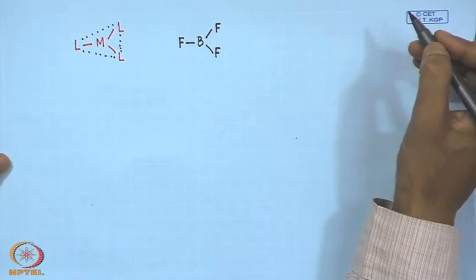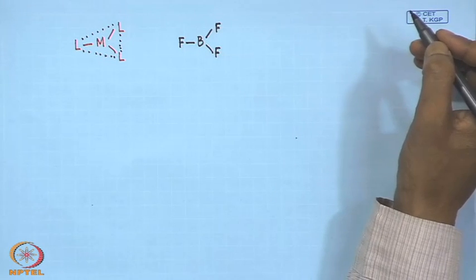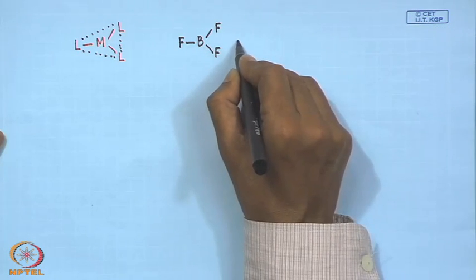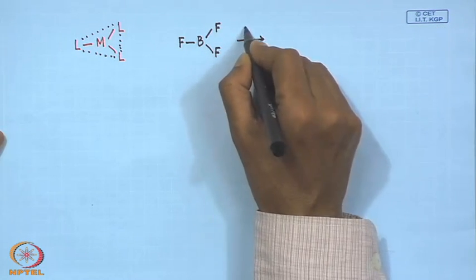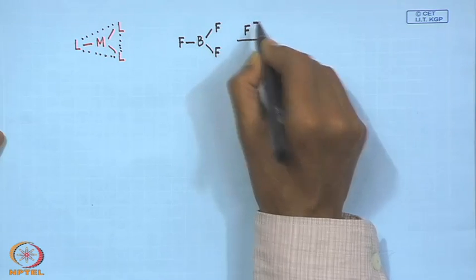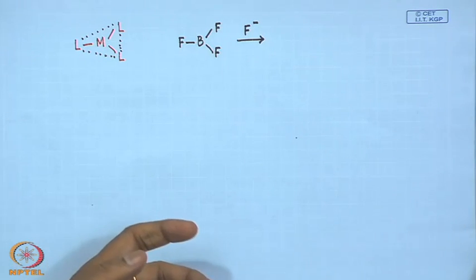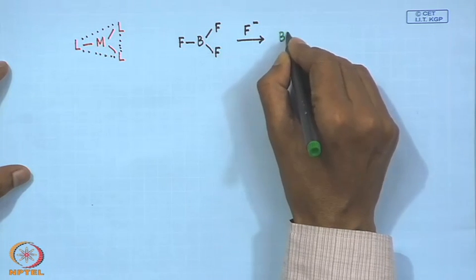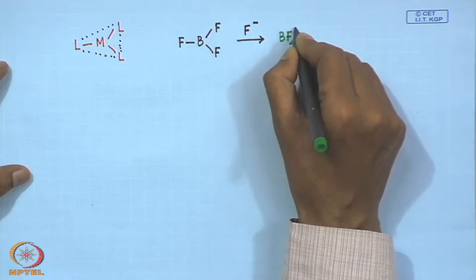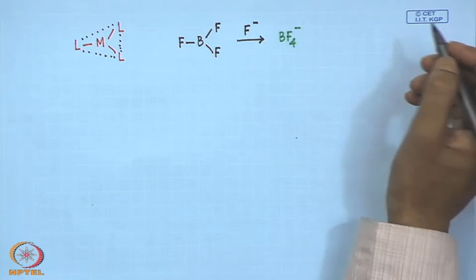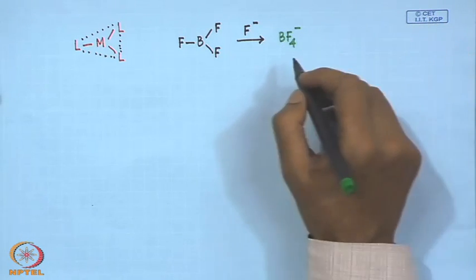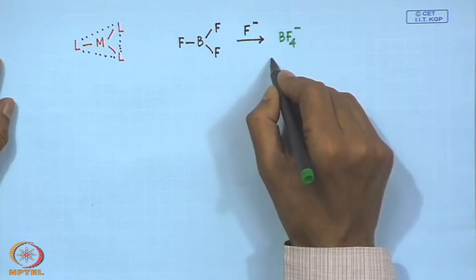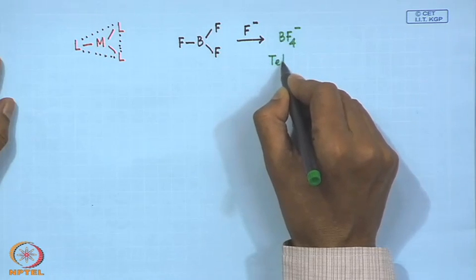So, boron is attached to 3 fluorine atoms, giving rise to boron trifluoride, and we all know the structure, because this can react with another fluoride anion to give a well known anionic species, which is present with so many metal complexes, the tetrafluoroborate anion.